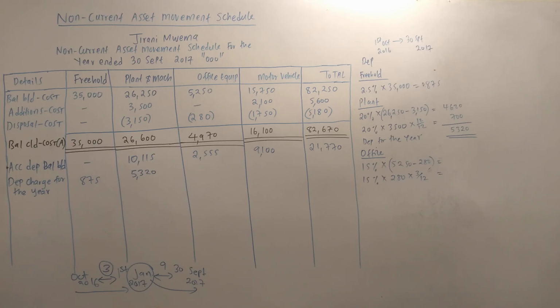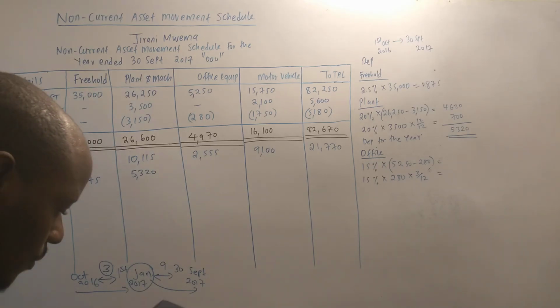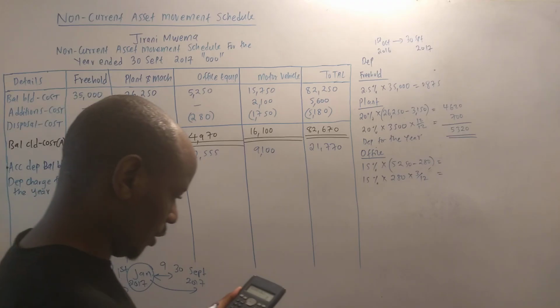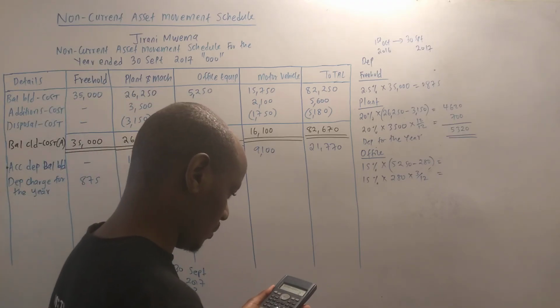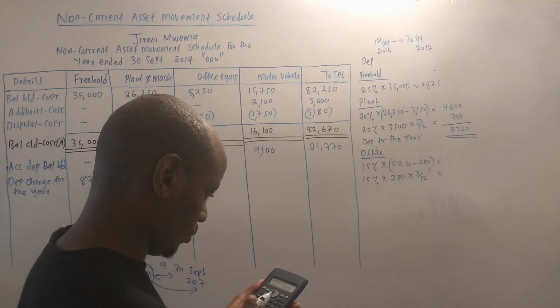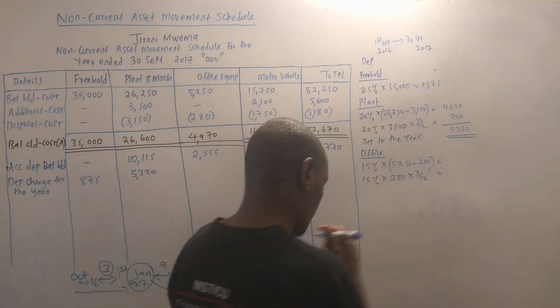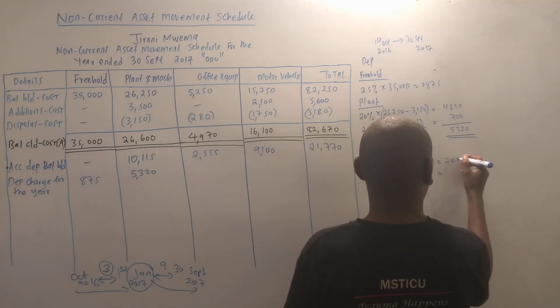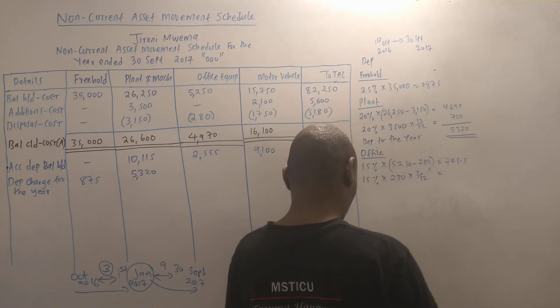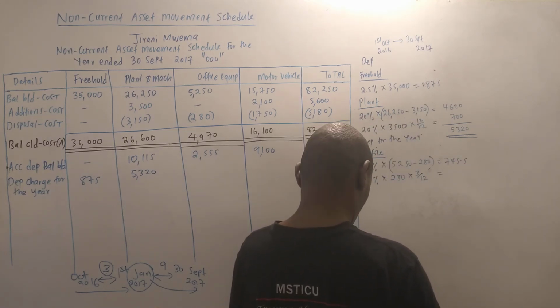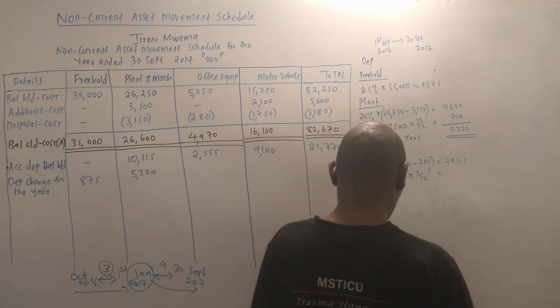We remove it from our cost, but we also consider the depreciation for the 3 months. So it will be 5250 minus 280 times 0.15, that is 745.5. Then 0.15 times 280 times 3 over 12, that is 10.5.